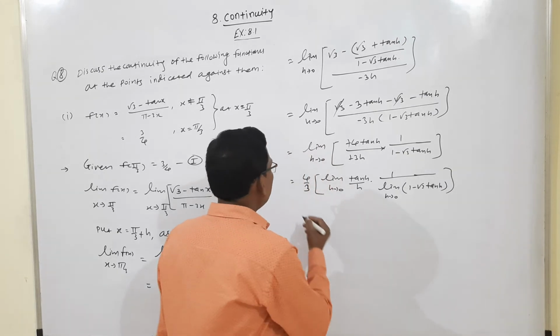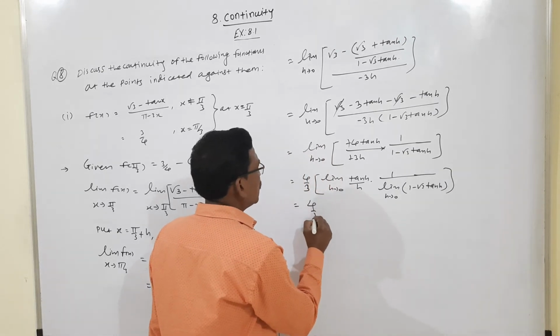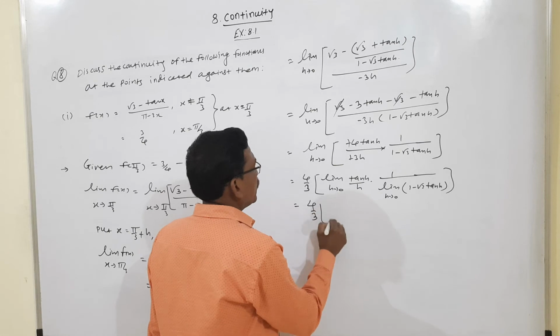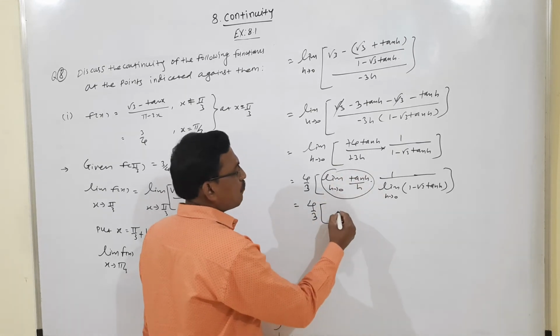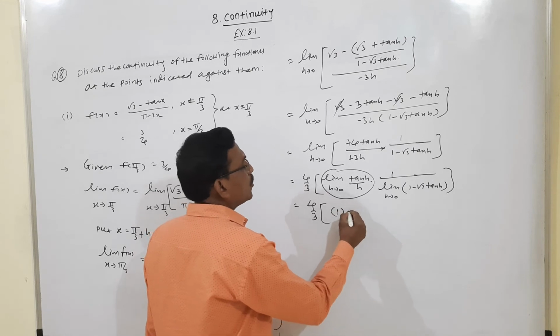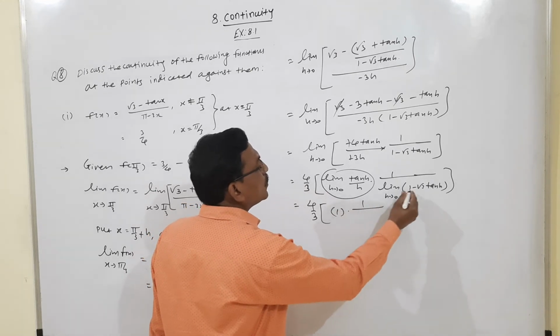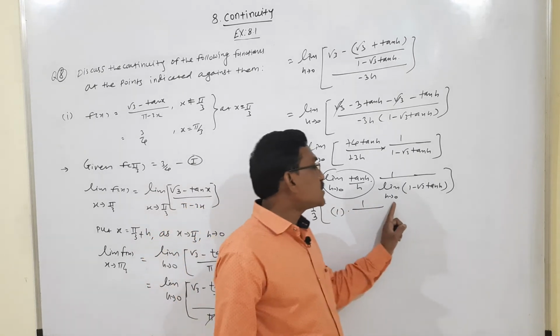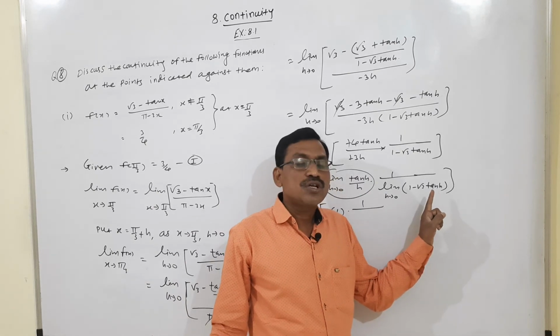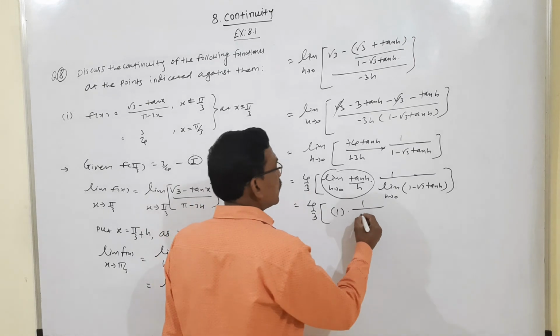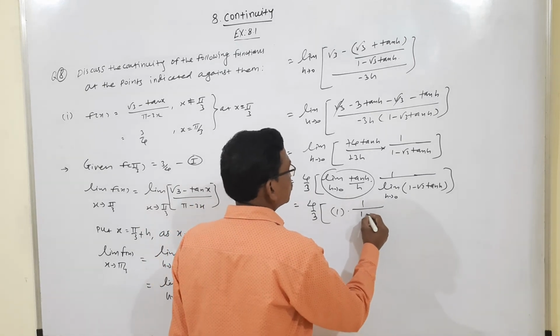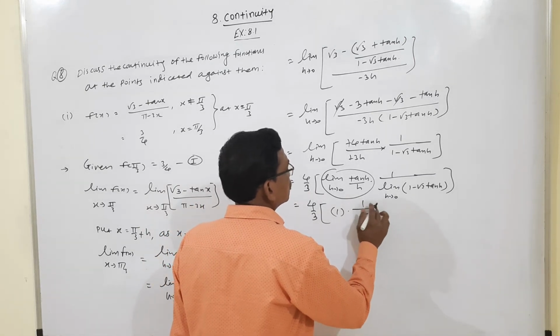So it is 4 by 3 into the limit of tan h upon h, which is 1, into 1 upon, and when we apply the limit as h tends to 0, tan 0 is 0, 0 into root 3 is 0, so it is only 1 by 1.